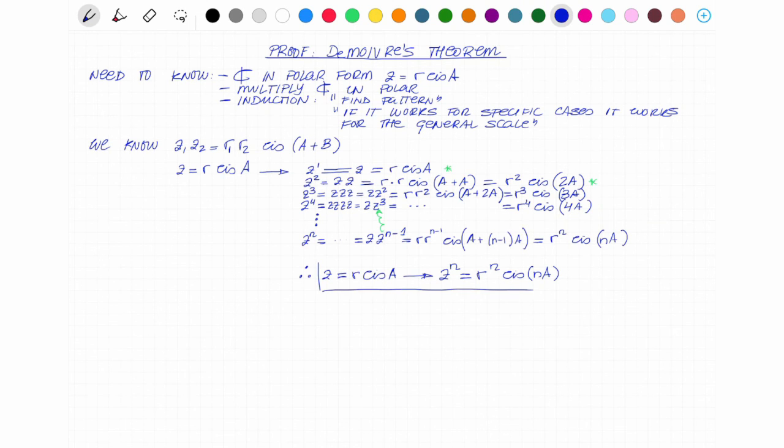And this is my theorem proved by induction. This is a very quick way of doing exponents in complex numbers, but it's also going to be very handy for actually solving complex roots.